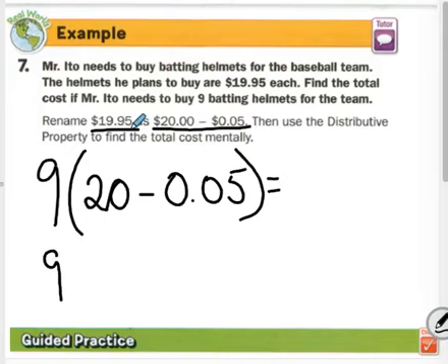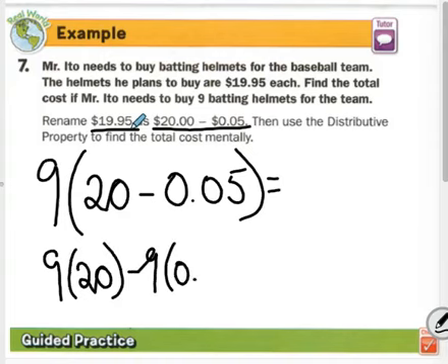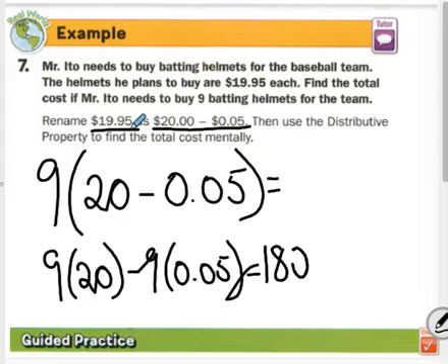So it's really 9 times 20 minus 9 times 0.05. All right, ready for this? Okay, so 9 times 20, well, I know 9 times 2 is 18, and I can add that 0 onto it, so that's 180, all right? And then I'm subtracting from that 9 times 0.05.